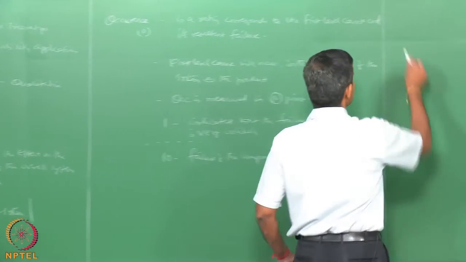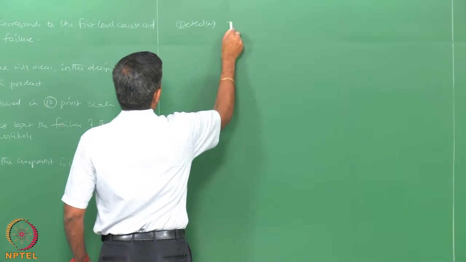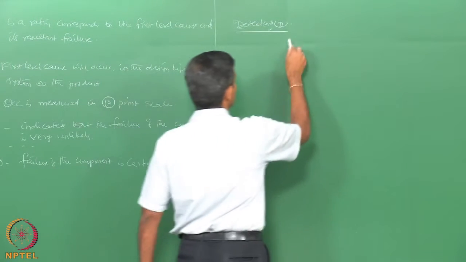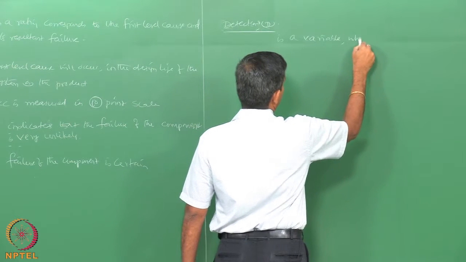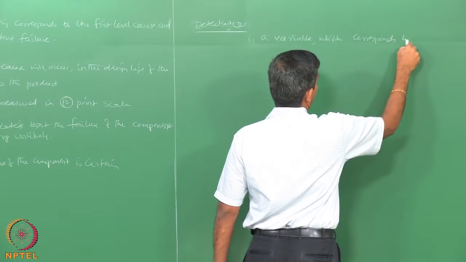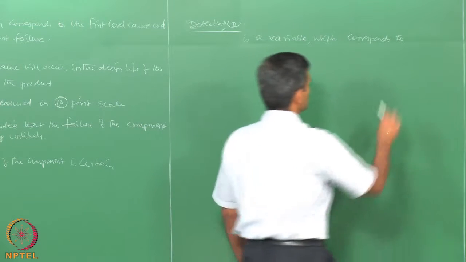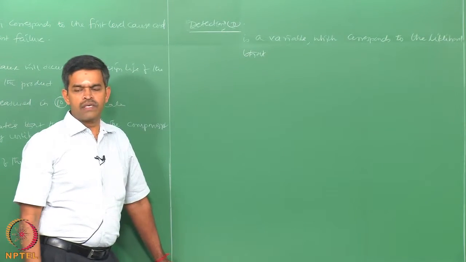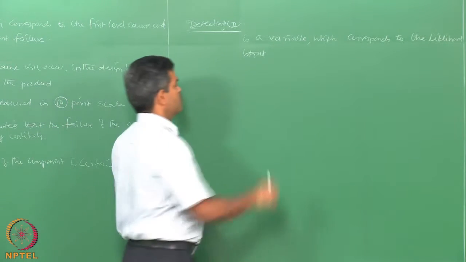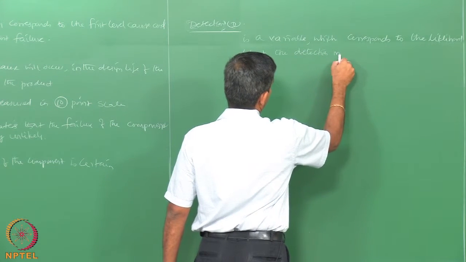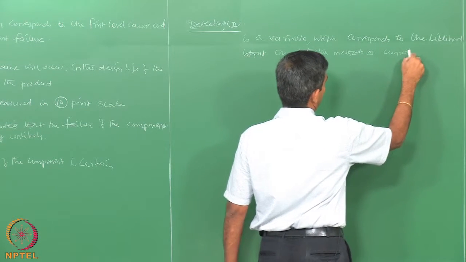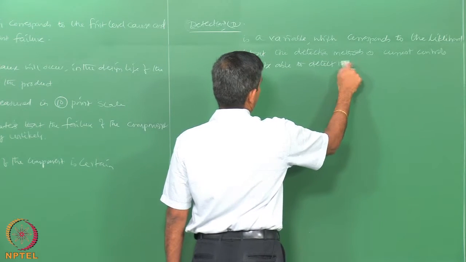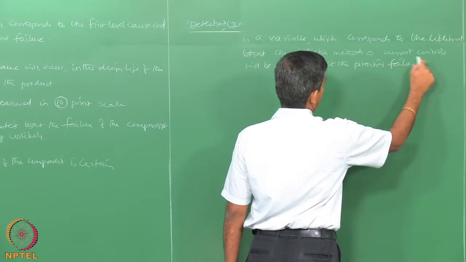The third variable we have is detection, which we say D. Detection is again a variable which corresponds to the likelihood that the detection methods or the current controls will detect the potential failure of the component.